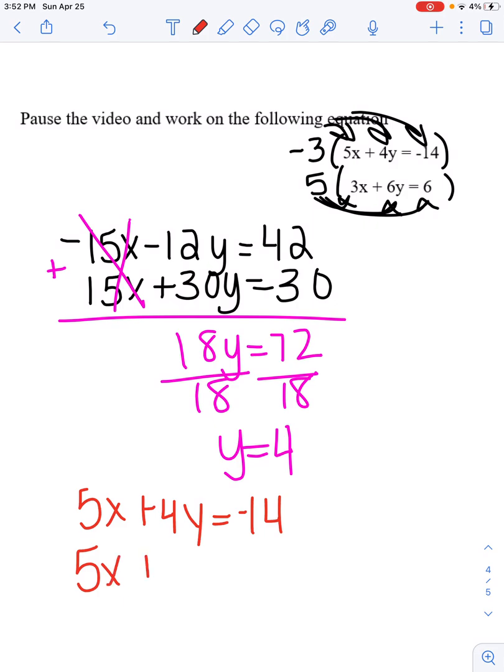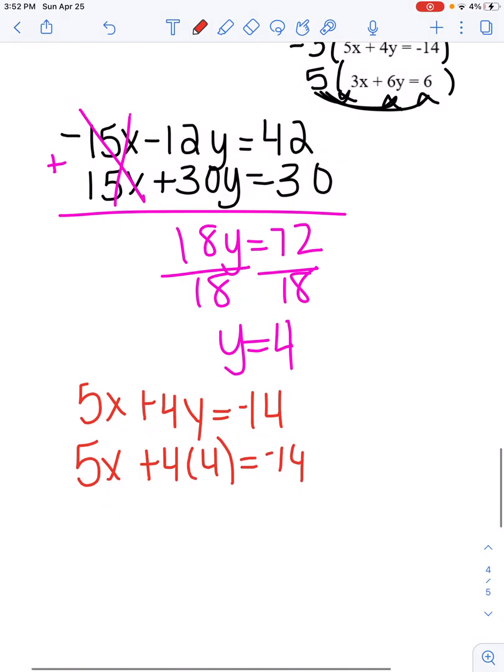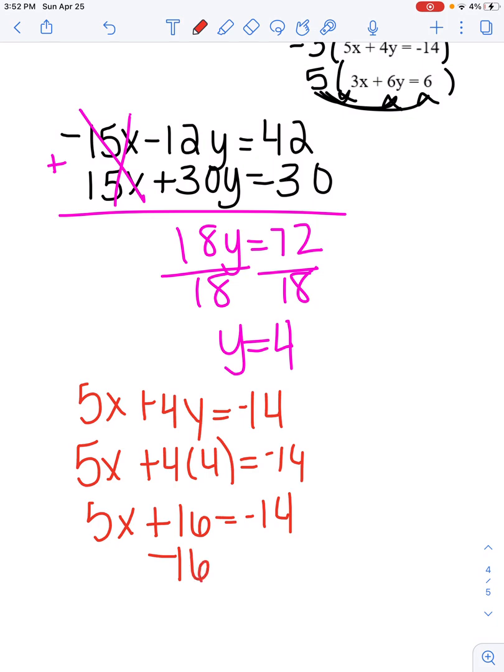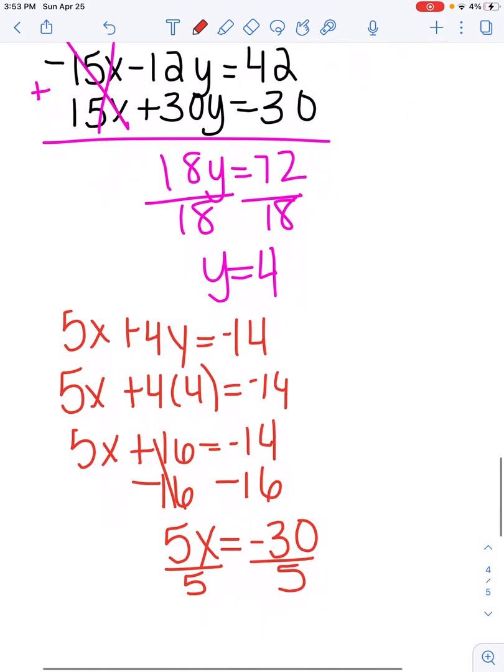So I get 5x plus 4 times 4 equals -14. 5x plus 16 equals -14. I'm going to subtract 16. 5x equals -30. Divide by 5. x equals -6.